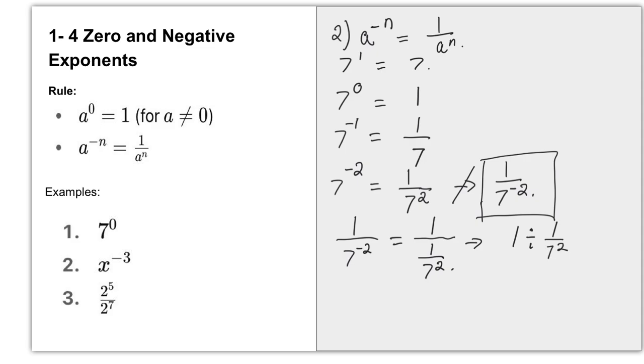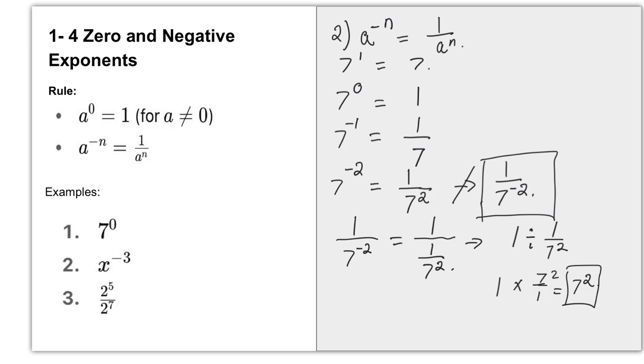And in division, we keep it, change it, and flip it. And you can see that will be 7 to the 2nd power. So this is not the same as 7 raised to the -2 power. Make sure you don't make that error.